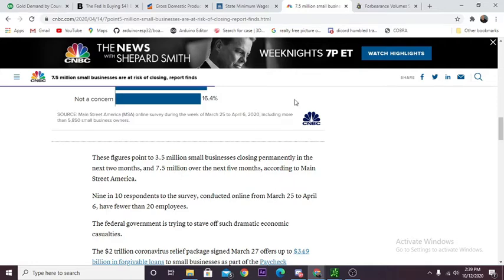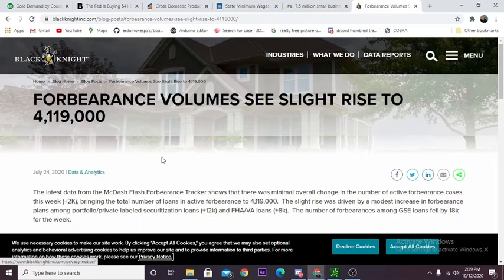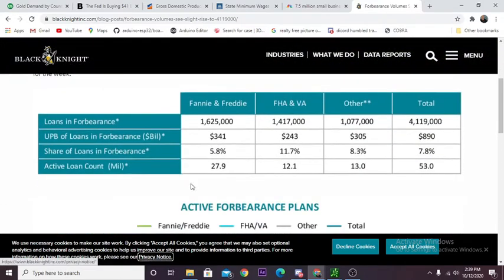So not good. And now, if we go to the housing market, we see that there are over 4 million households on forbearance, which means they won't pay the loan for up to a year. And here you can see the breakdown by the different types of loans, for a total of 4.1 million.